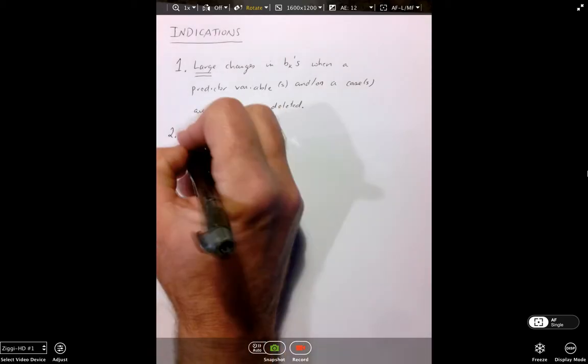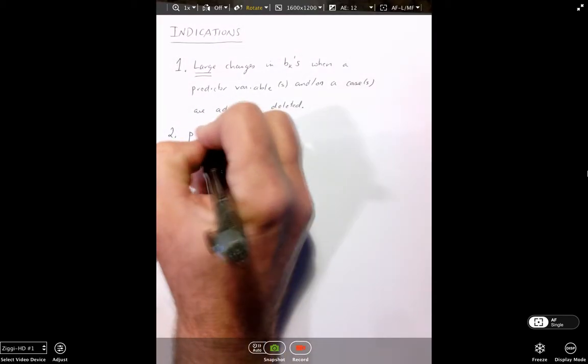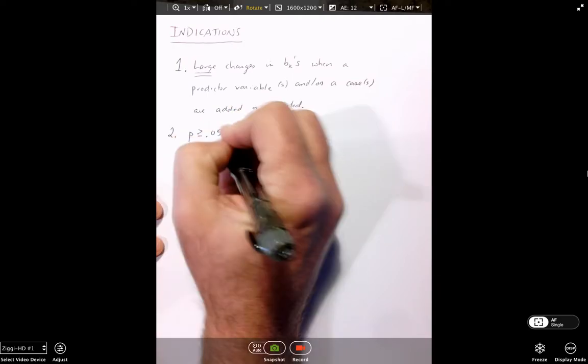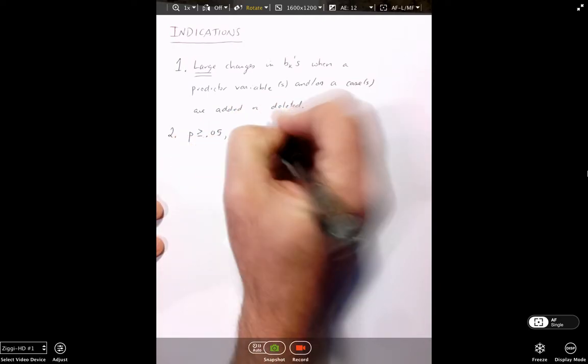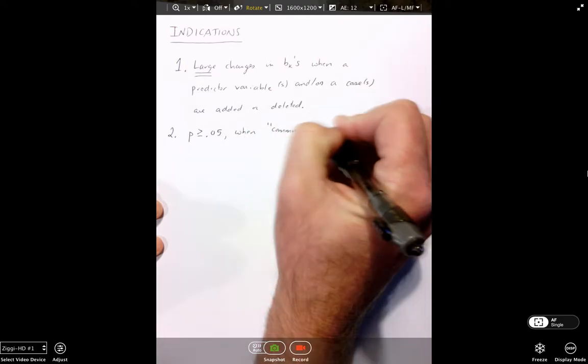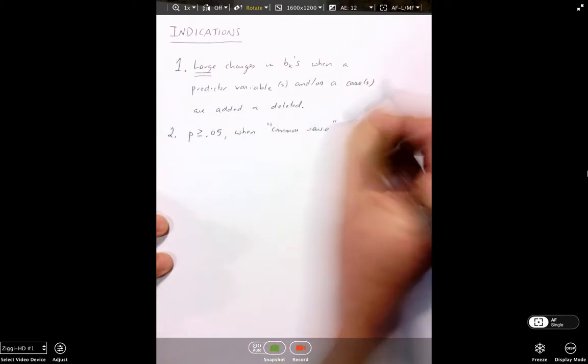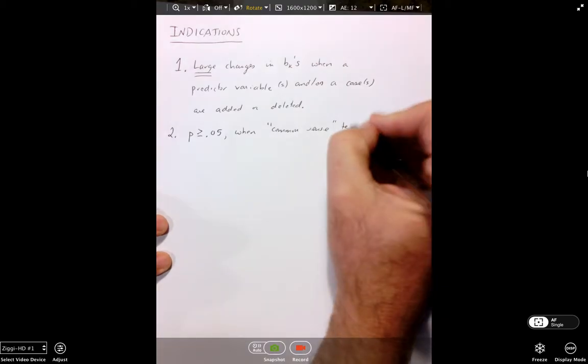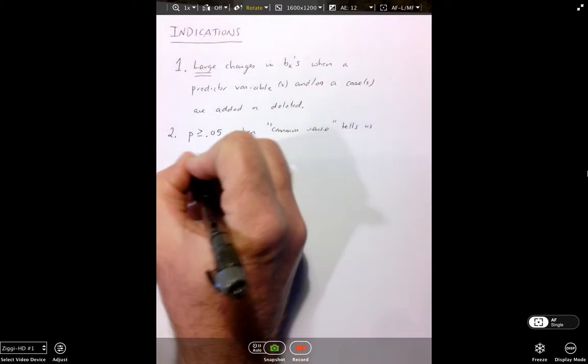Second, when we have p-values greater than 0.05 when common sense tells us a relationship exists.